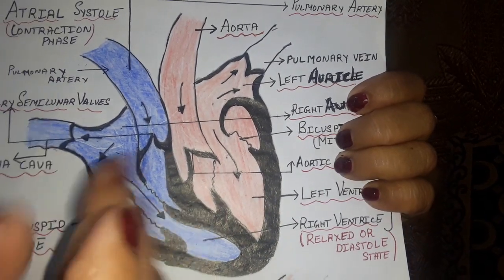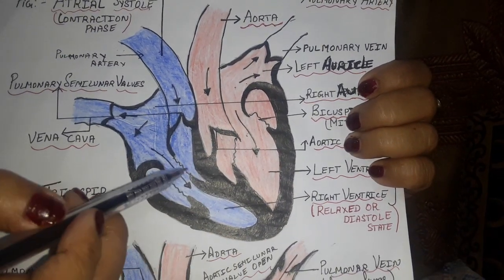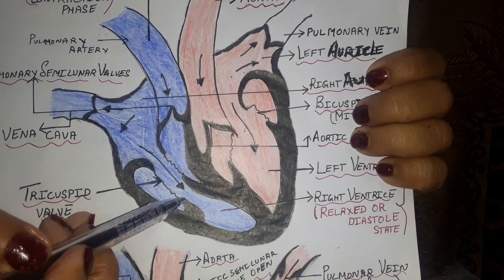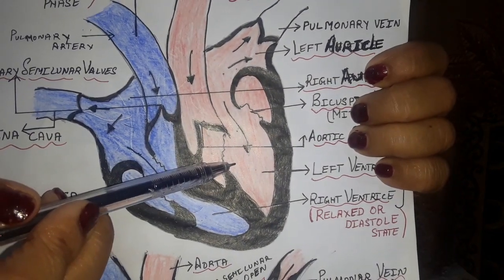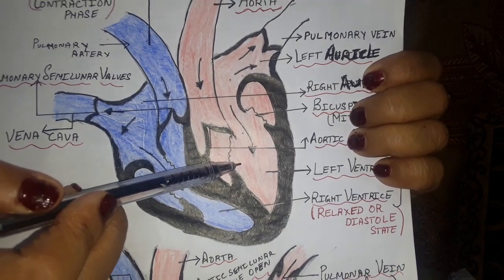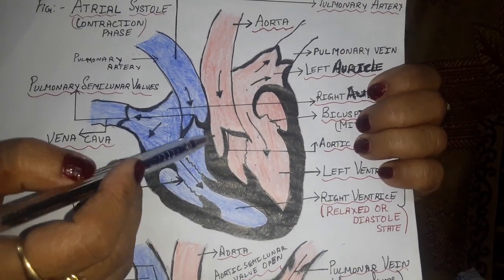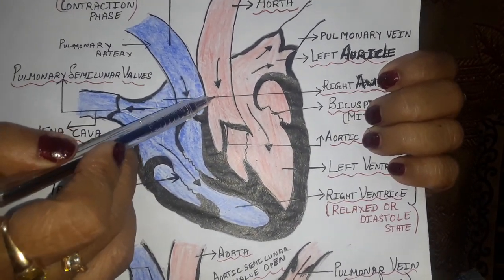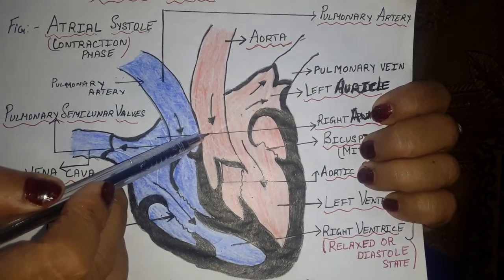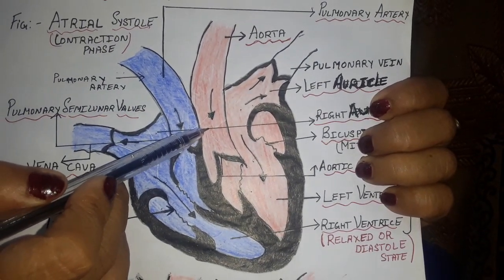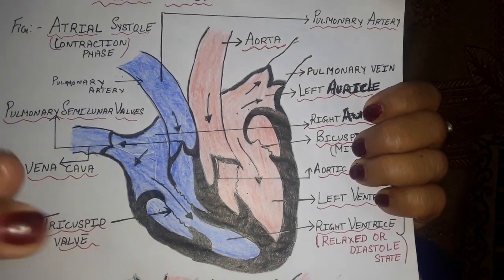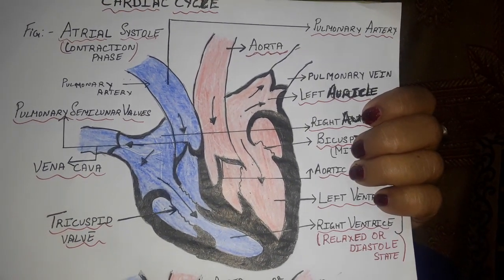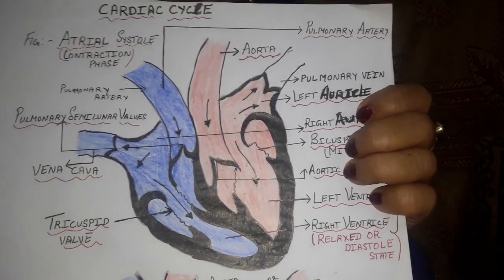They open and the blood flows from the auricles to the ventricles, from the left atrium to the left ventricle. Now, what happens? Meanwhile, the semilunar valves, which are present at the opening of the aorta and at the opening of the pulmonary artery, close to prevent the backflow of blood.